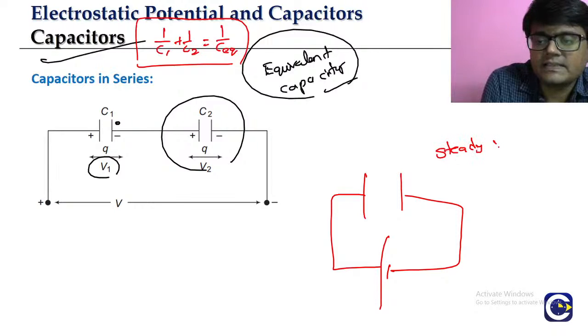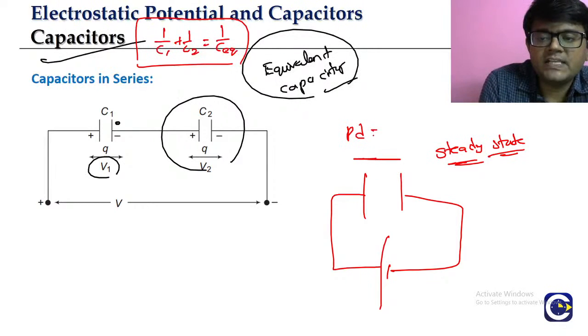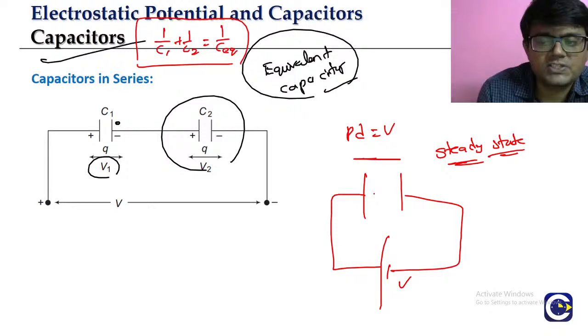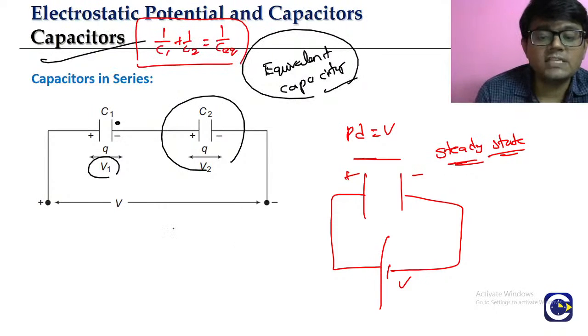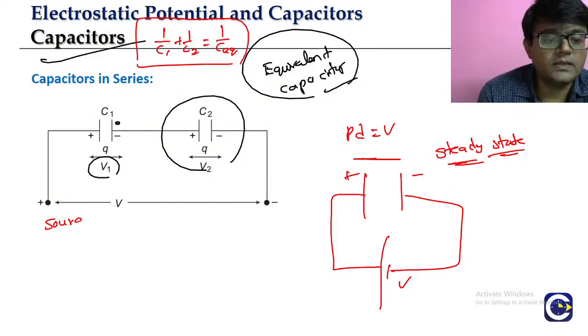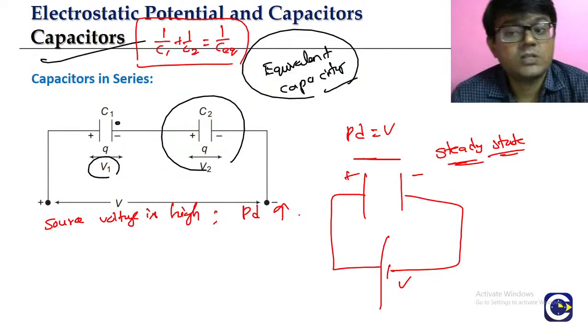Steady state means when the capacitor is fully charged, the potential difference will be equal to what? The source voltage. Potential difference across the capacitor plates? Source voltage. If the source voltage is high, then what happens? The potential difference across the capacitor plates also will be high.